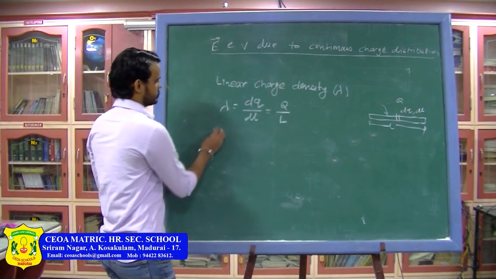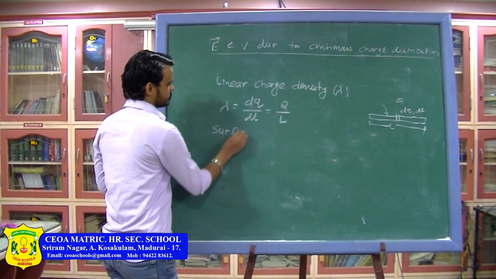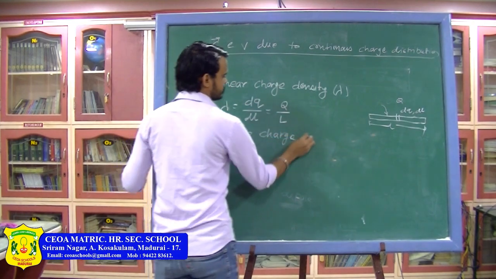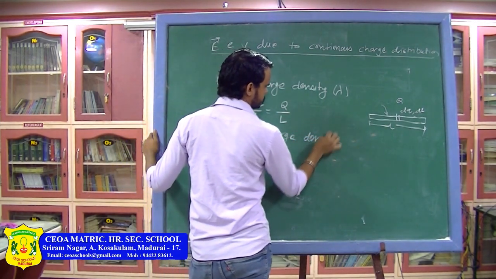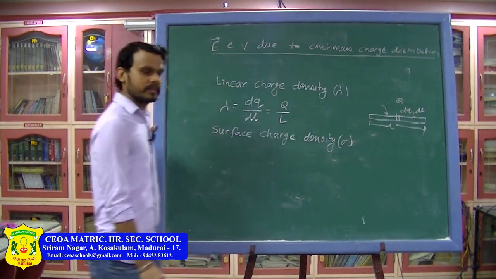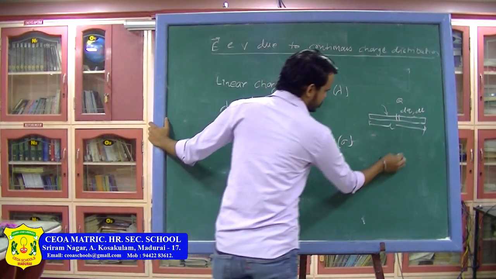Second is surface charge density. The symbol we are going to use is sigma. Here the charge is distributed over a surface.